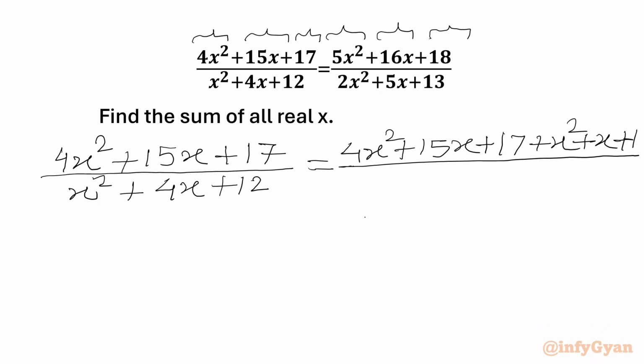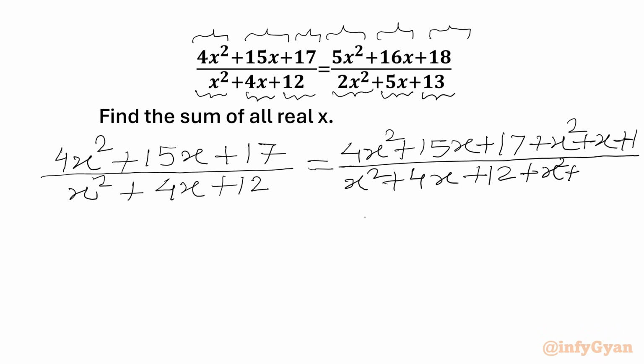Similarly, in the denominator, here we have 2x², here we have x², 5x, 4x, 13, we have 12. So we'll be writing our denominator x² + 4x + 12 first. Then we have to write x² + x + 1 once again.